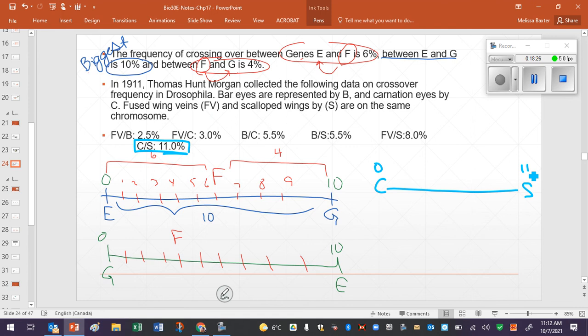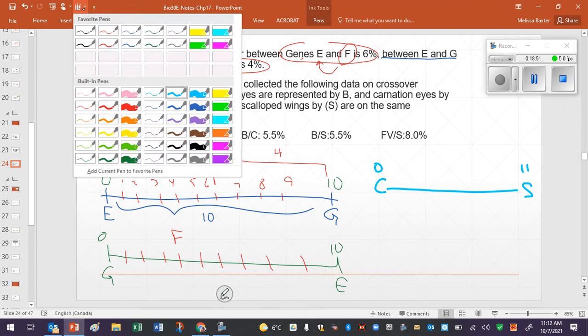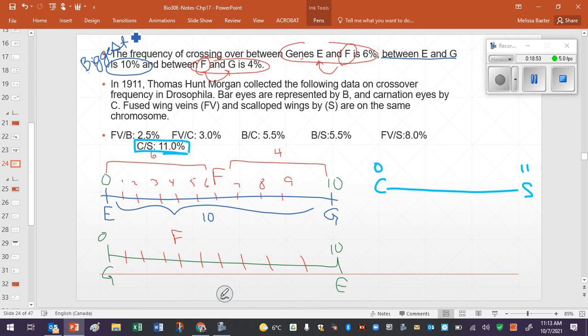Now I put C on the left just because it came first in the question. If you want to put S on the left and C on the right, that's also correct. Then my next step, after I found my biggest number, is to find something that I could compare to both ends. So find another gene where I know how far it is away from C and how far it is away from S. Now I actually have more than one choice here, but I'm going to pick the fused wing veins gene.